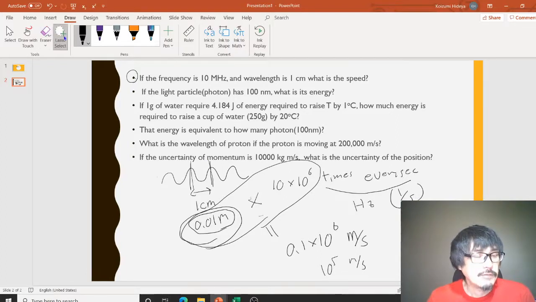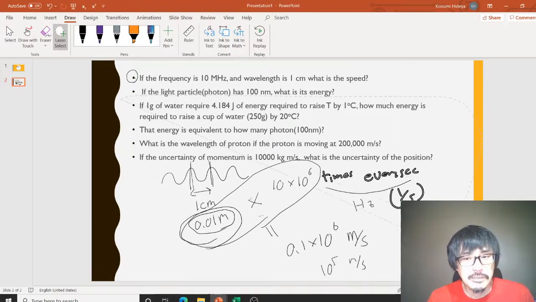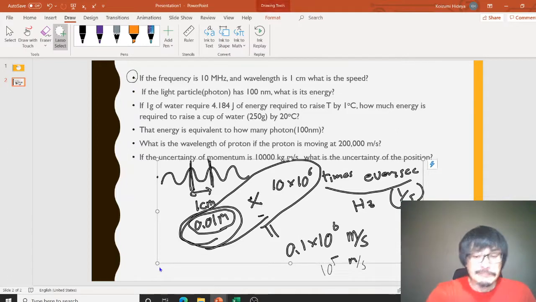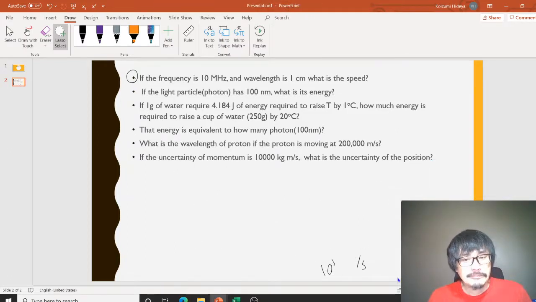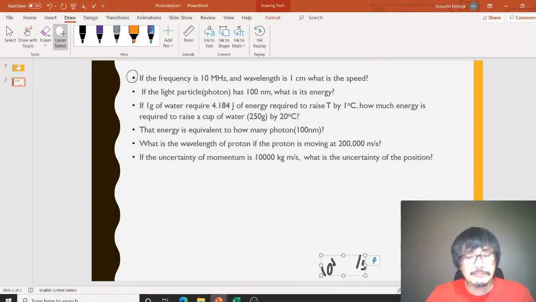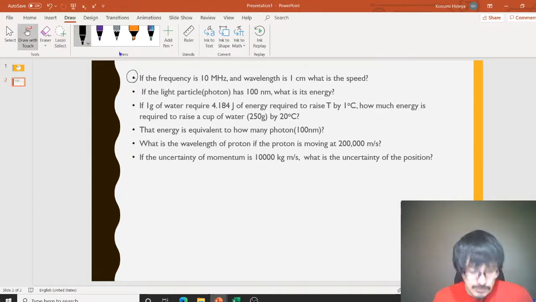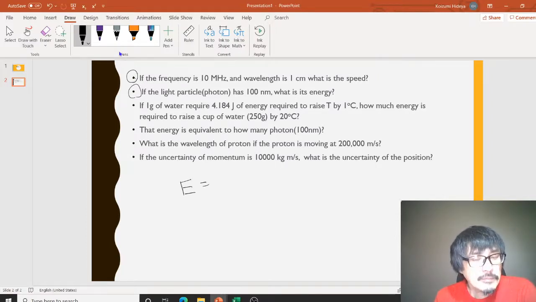Alright, that's good enough. So let's do question number 2. If the light is 100 nanometers, what is its energy? We are talking about light, right?